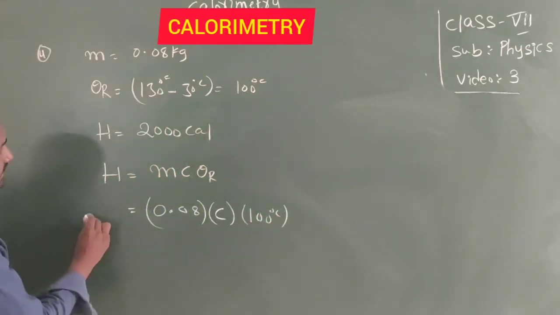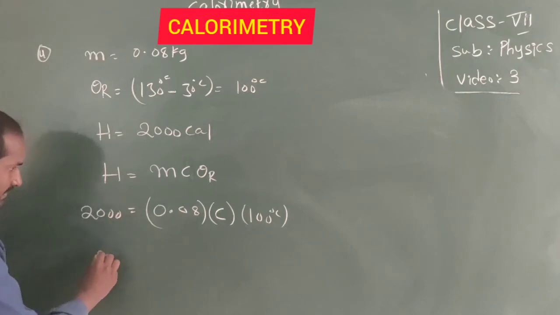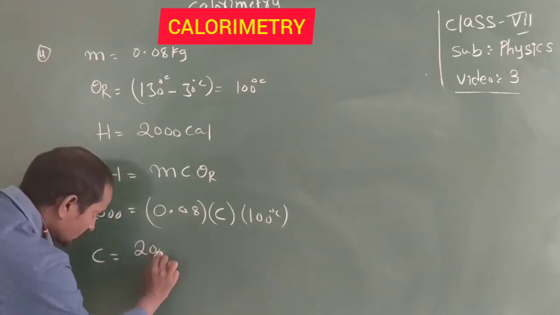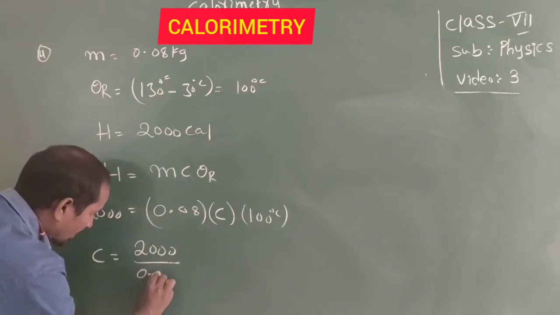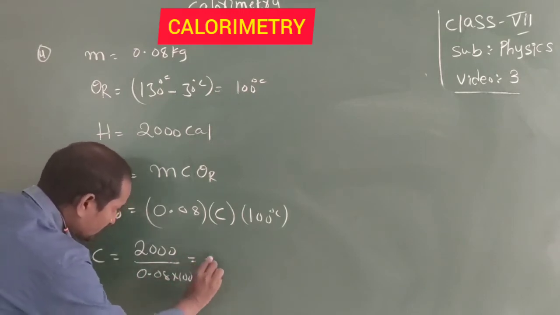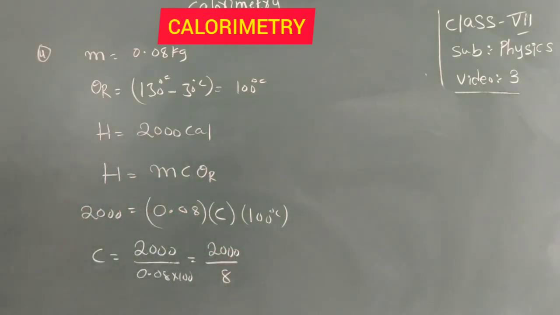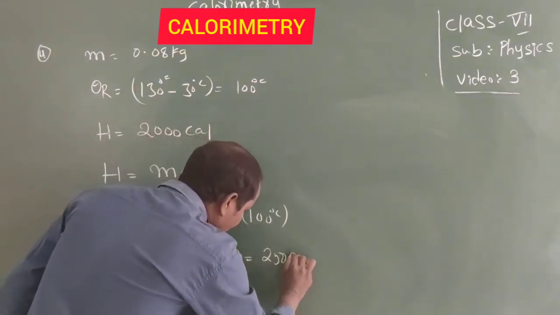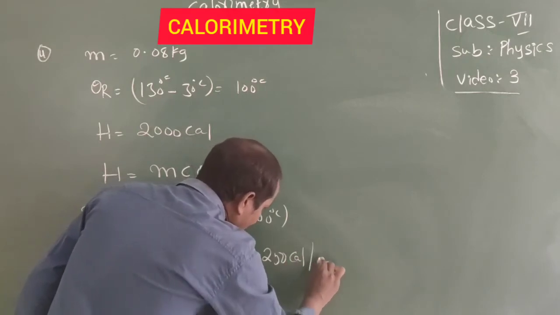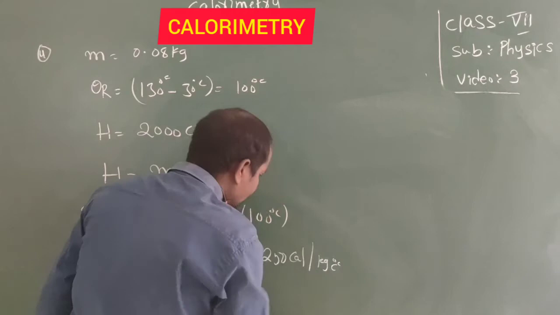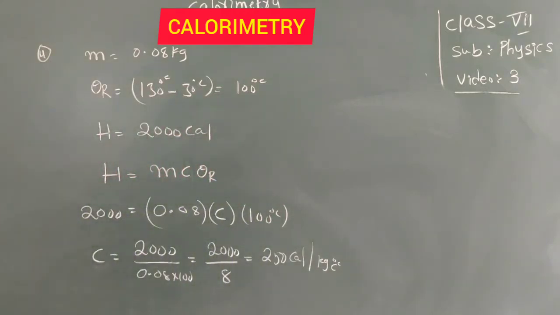So heat energy equals 2000 calories. So C equals 2000 divided by 0.08 into 100, that equals 2000 by 8, that equals 250 calories per kg degree Celsius.